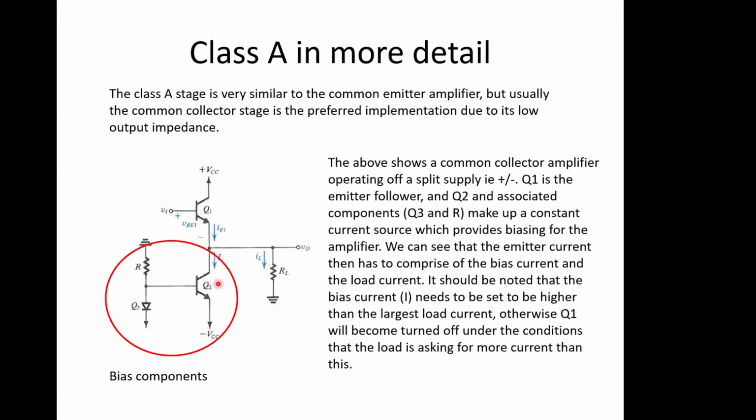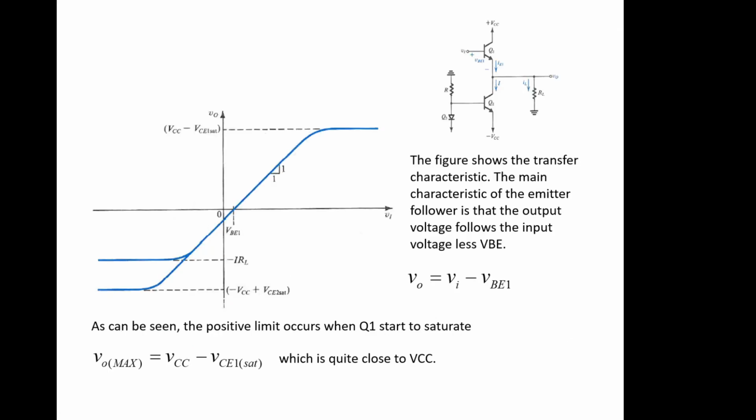So any variation in the current must then either flow into the load or flow out of the load through here. If this is a small current, then current has to come back through here to provide this bias current. If this is a large current through here, then only the right amount I goes down here, and the rest of it goes through the load. So that's what's going on here. We've got this fixed bias current here.